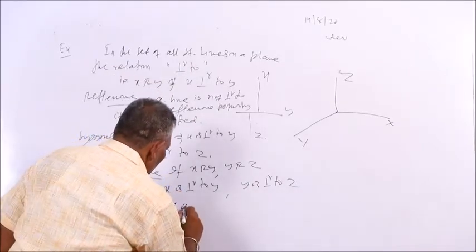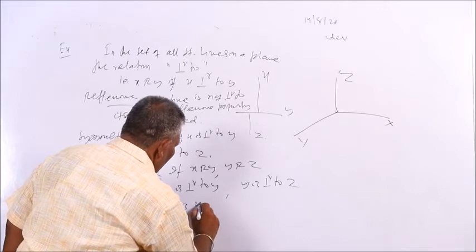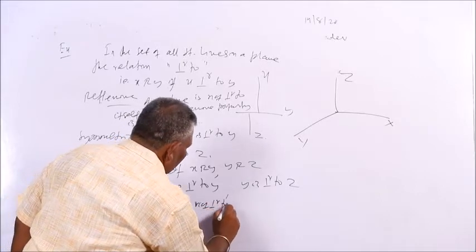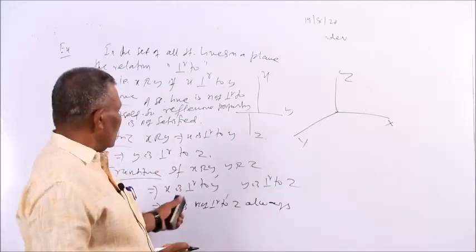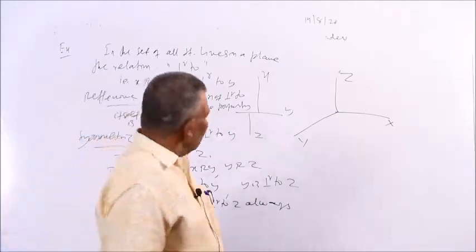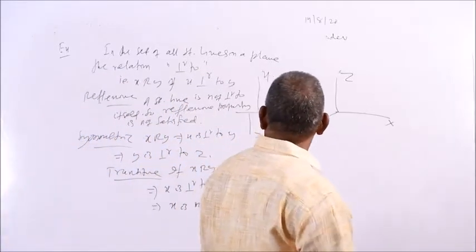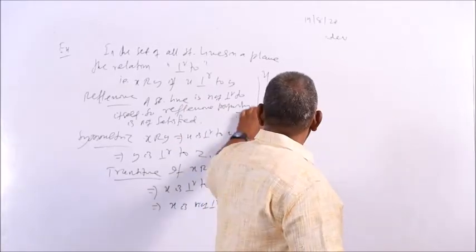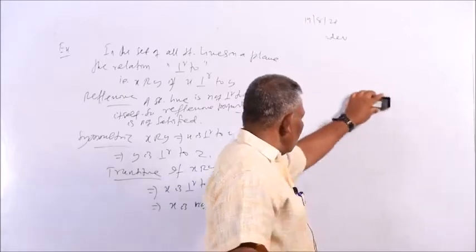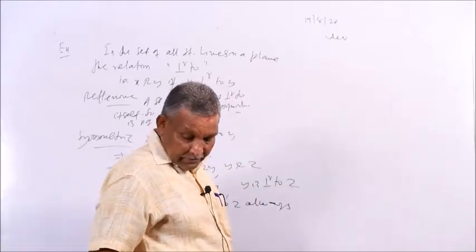So X is not perpendicular to Z always. Therefore, the transitive property is not satisfied. So the relation of perpendicular to over the set of straight lines in a plane is neither reflexive nor transitive but symmetric.